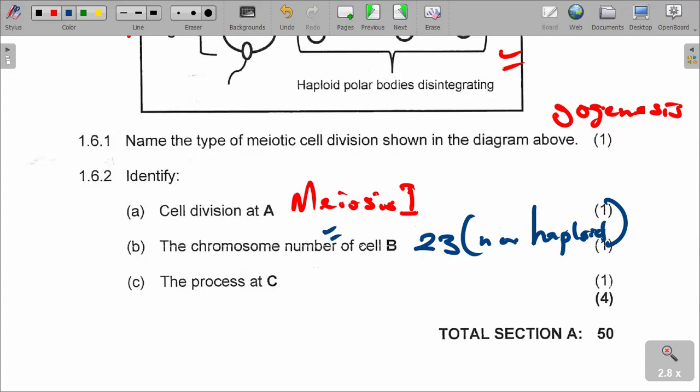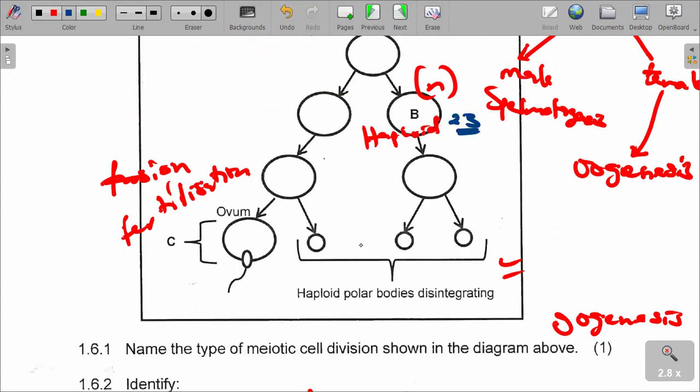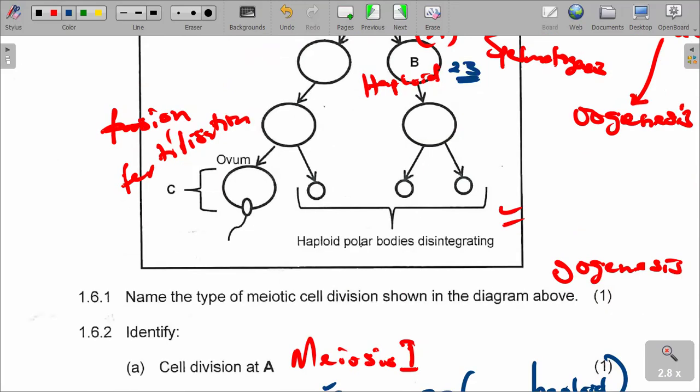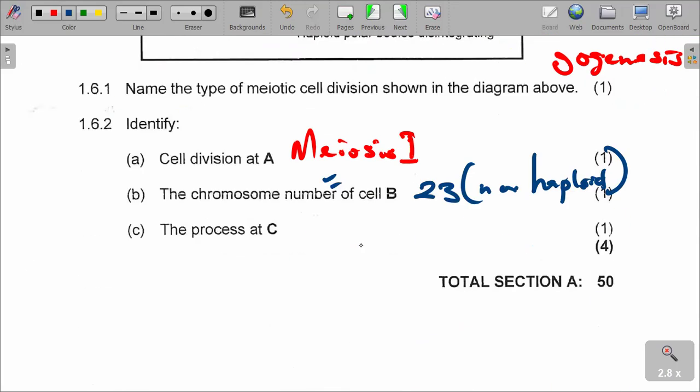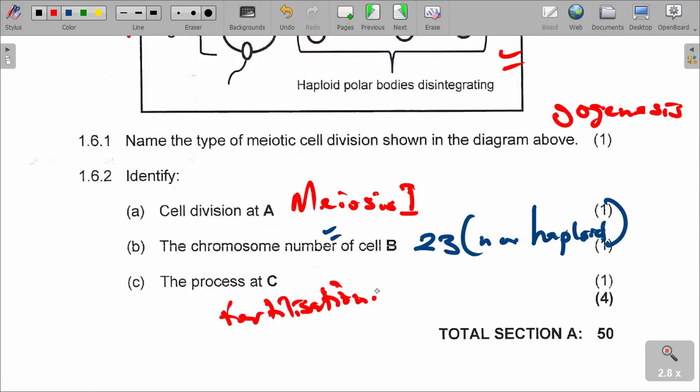And then question C, the process at C. I have already mentioned that we can see the fusion: fertilization is the process taking place at C, because we are seeing the male and the female egg cells joining together.